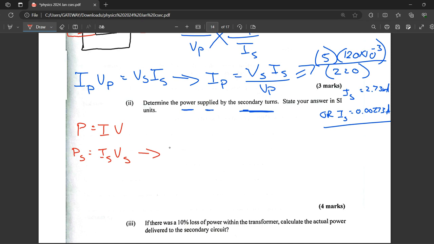Make the substitution there, you're going to get, well, the current is 120 multiplied by 10 to the power of negative 3, right? Multiplied by the voltage, which would be 5. So when you work this out, you'll get the power in the secondary to be 0.6 watts. Did you get this answer? Let's see. So that's that.